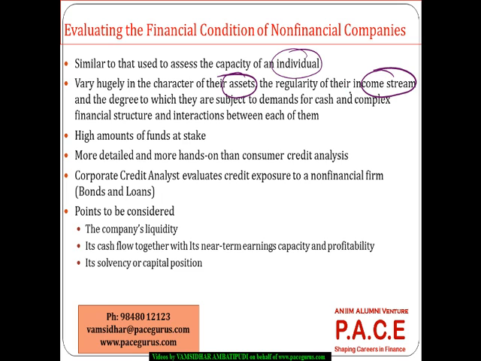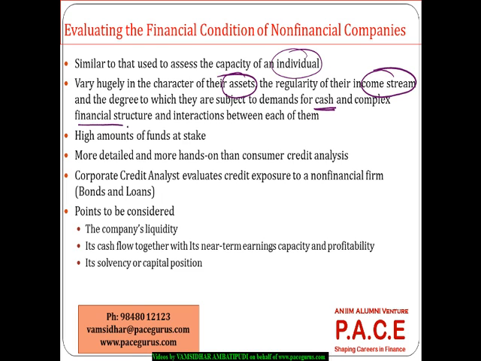Regularity of the income stream: there could be monthly salaries for individuals, whereas here the regularity of the pattern could be different, may not be a fixed amount every month. And the requirement of cash is different, the time frames at which the cash is required.